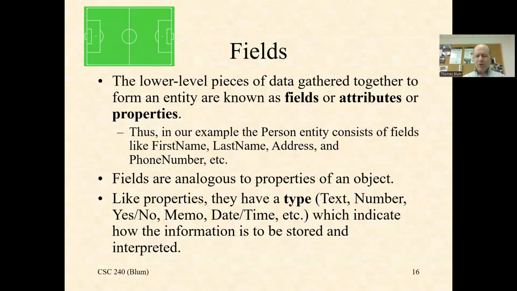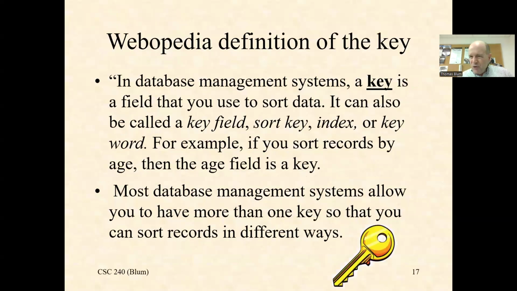Is it an integer number, or a floating point number? Is it a decimal number? All these things are part of what we call the type. So when we're figuring out what the field is, we will also figure out what type the field is going to be. How are we going to fill that in? What kind of data is going to go in there? That will help us be consistent and always fill it up with the same sort of data.